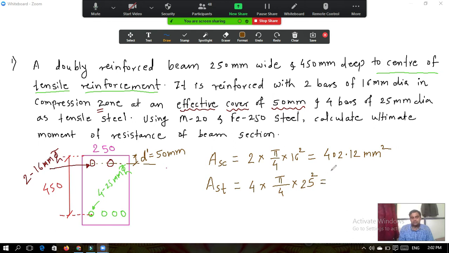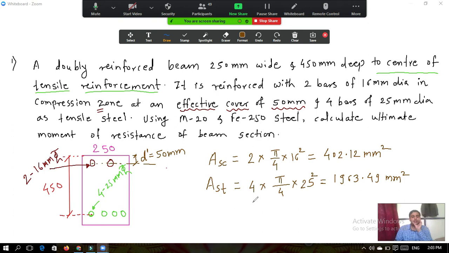What is the answer? 1963.49 mm square. You simultaneously write down all these things with me, and you can also take the screenshot because every time we need to erase the board.